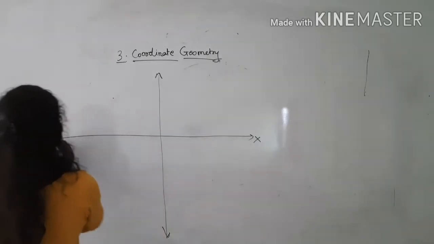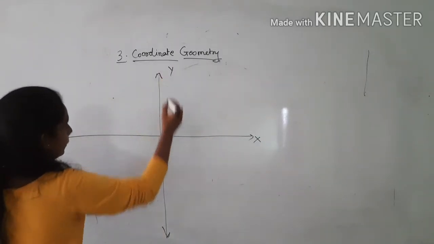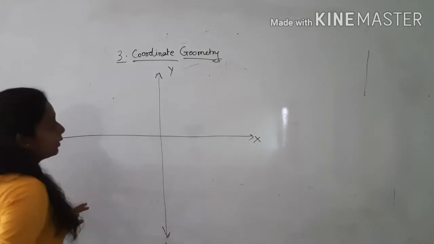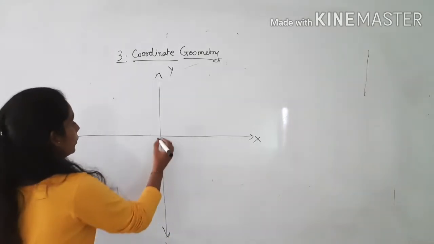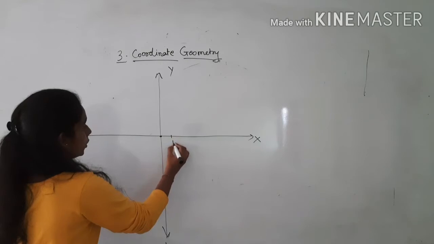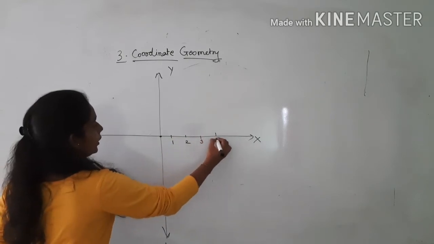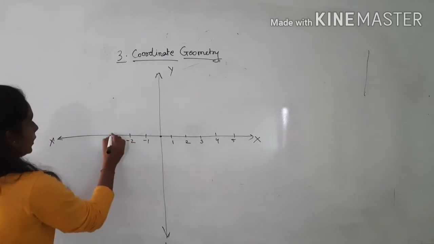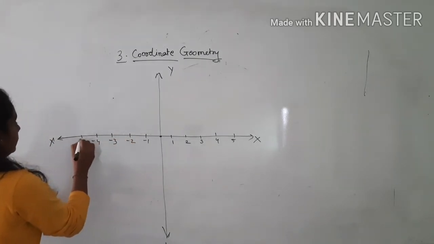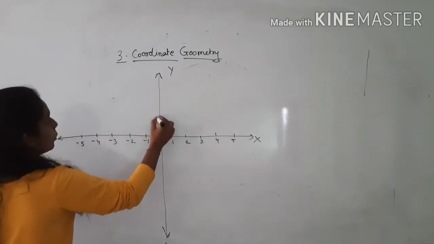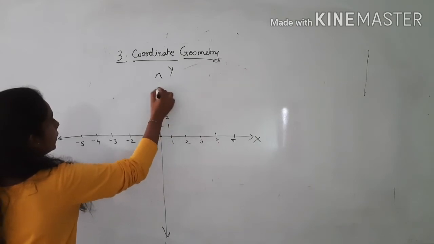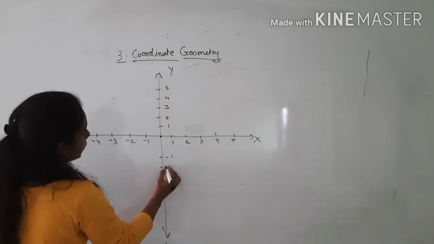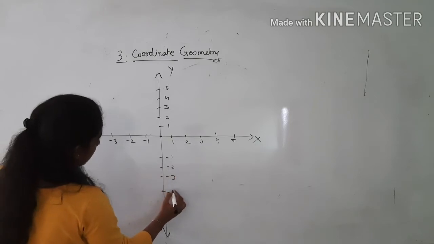This is your x dash, y dash. What I have told you about how to mark the number line on the axis: 1, 2, 3, 4 onwards. In the same way, the negative points on the left hand side, positive numbers above the plane, and negative numbers below the plane.